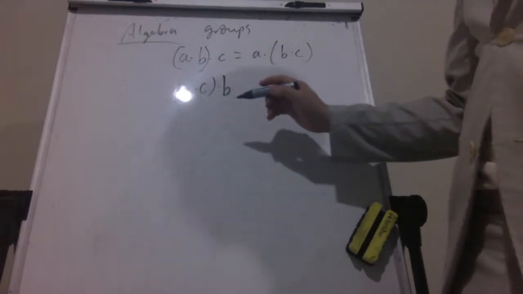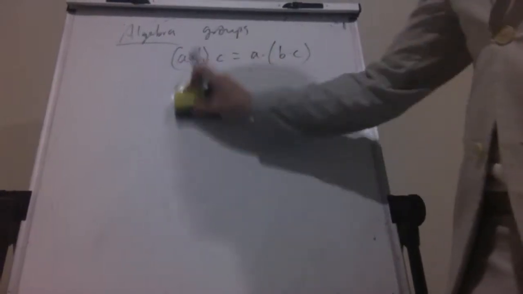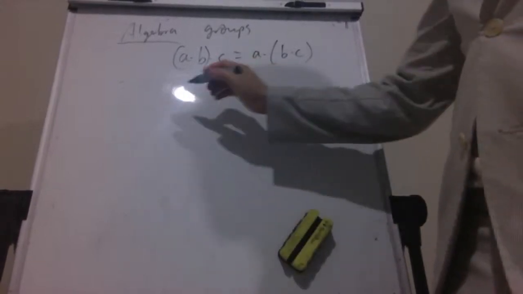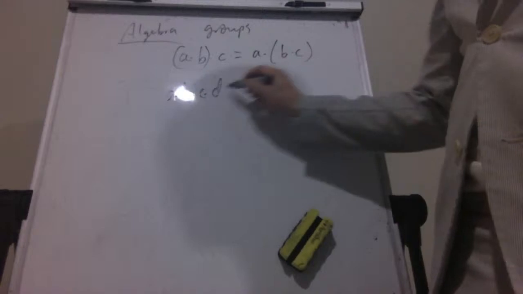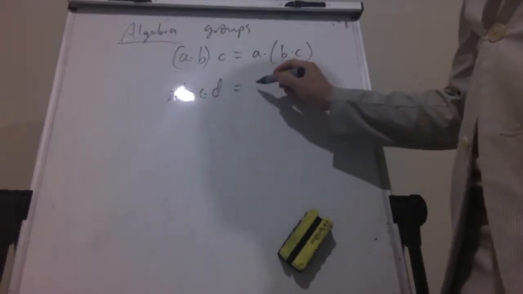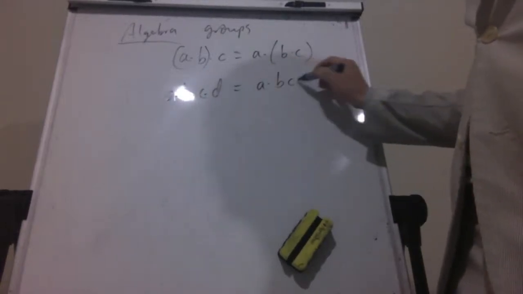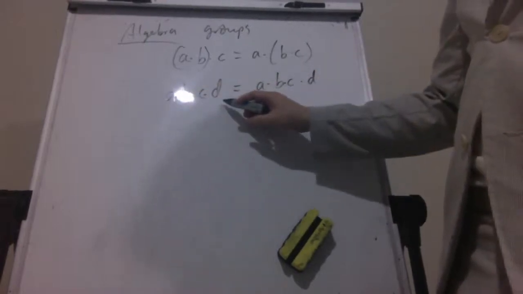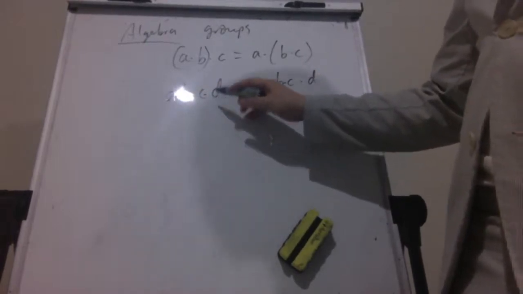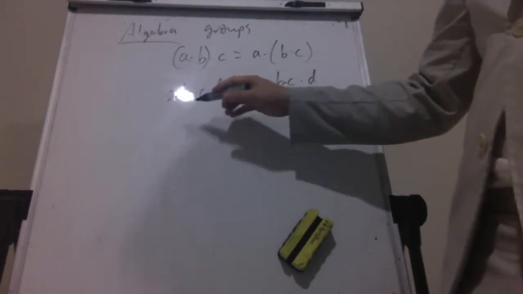What I probably wanted to say was that if you have four things, A, B, C, D, you want to write them without brackets. To be able to do that, it means any way you bracket them, they'll end up being the same.